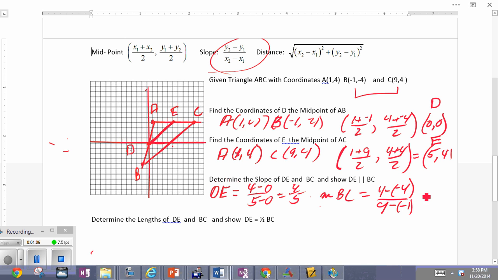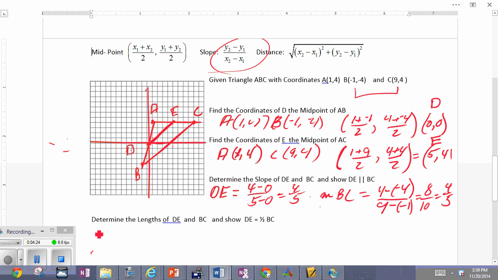So 4 minus a -4 is 4 plus 4, which is 8, over 9 minus a -1, which is 9 plus 1, which is 10. That simplifies to 4/5, which is the slope of DE. So that's confirmed. Now we go to lengths.